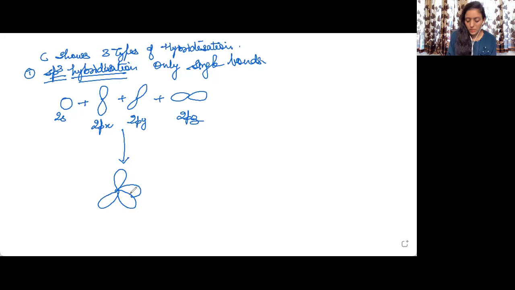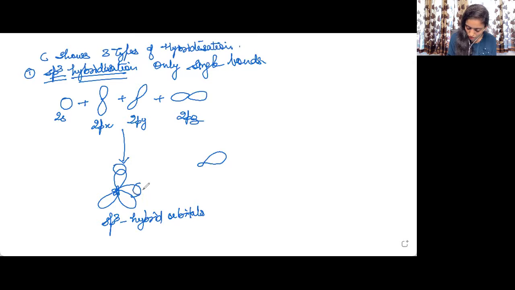Now these orbitals which are formed have a bigger lobe and a smaller lobe like this. So this is the shape. So we can show these smaller lobes like this. Now when the 4 sp3 hybrid orbitals form CH bonds, they all will be equivalent.